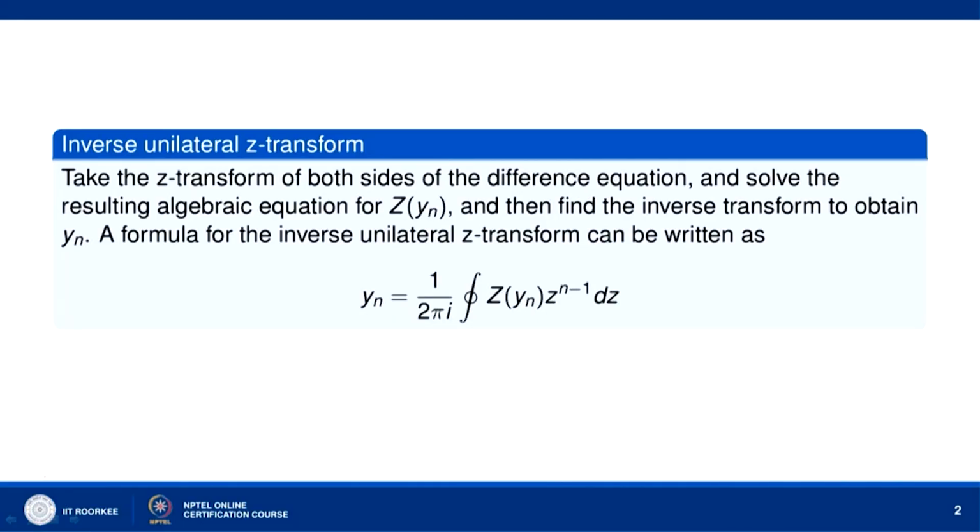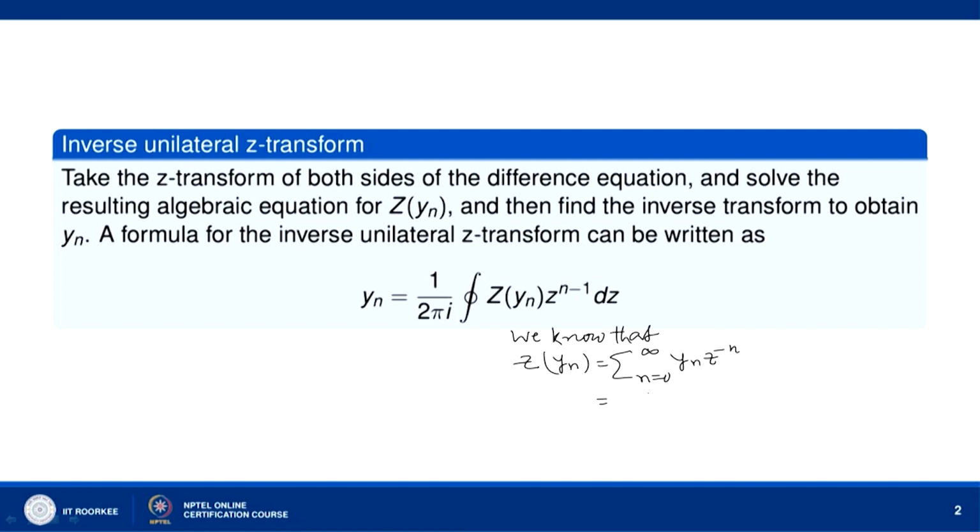A formula for inverse unilateral Z transforms can be written as y n equal to 1 over 2 pi i integral over C Z of y n, Z to the power n minus 1 dz. Now, let us see how this formula has been derived. We know that Z of y n is equal to sigma n equal to 0 to infinity y n Z to the power minus n.